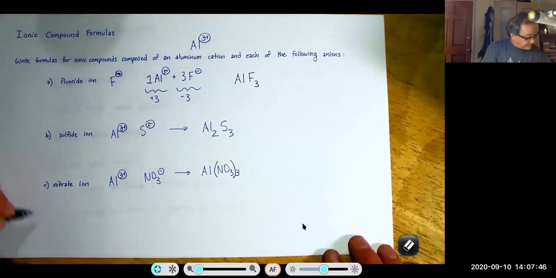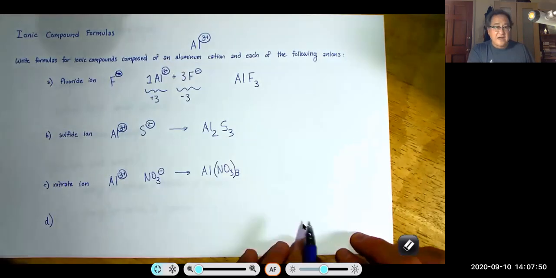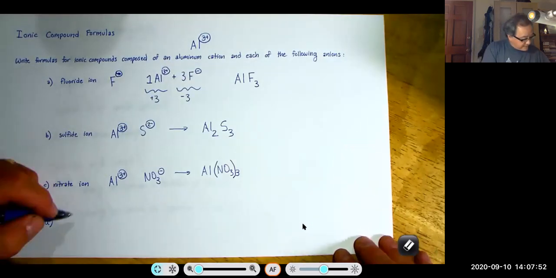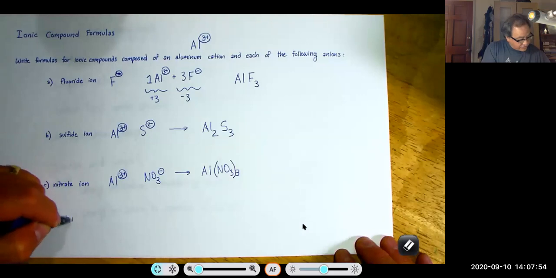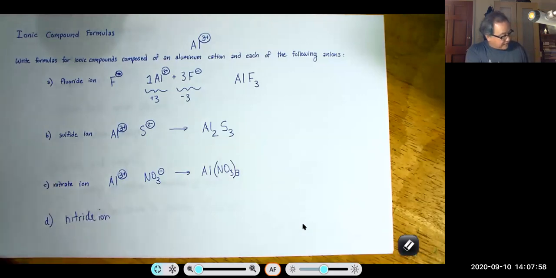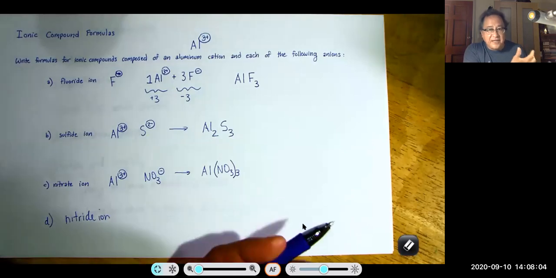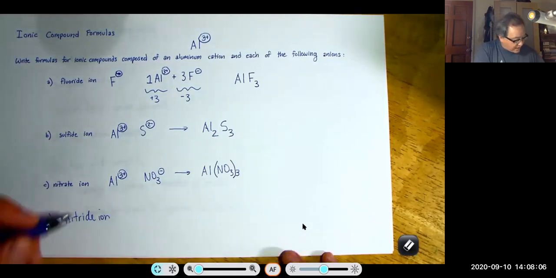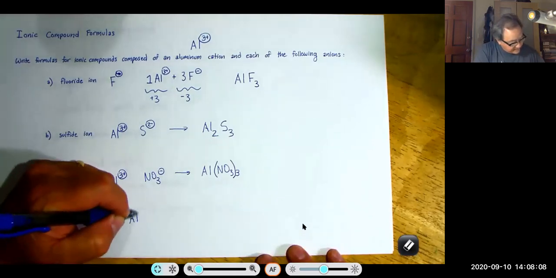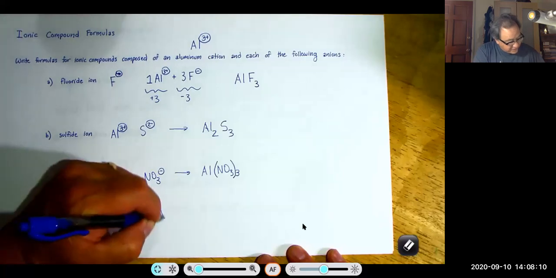Let's look at another one. So we're going to call this D. We're going to look at the aluminum cation and the nitride ion. Now, nitride and nitrate sound a lot alike, but remember that term I gave you, -ide, means an element, right? So nitride is N3-.